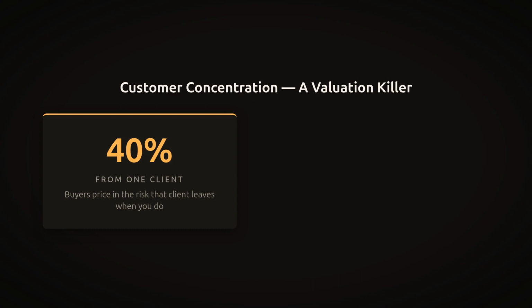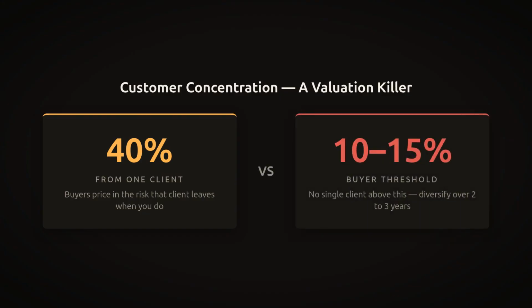The standard buyer threshold is no single client above 10 to 15% of revenue. Achieving this before going to market requires either growing other client revenue or consciously diversifying the client base over 2 to 3 years. Many owners don't make this adjustment because they're focused on revenue, not on who that revenue comes from.